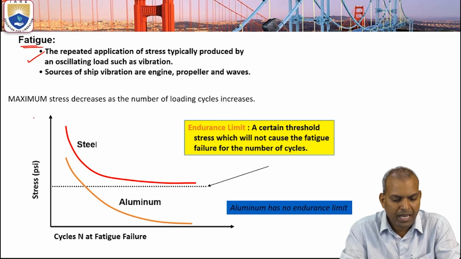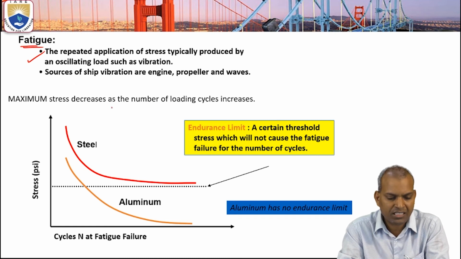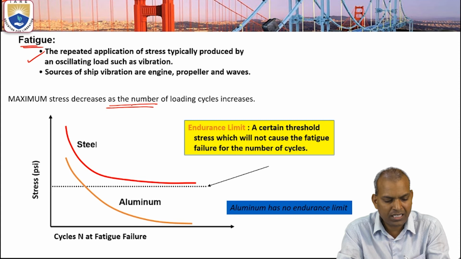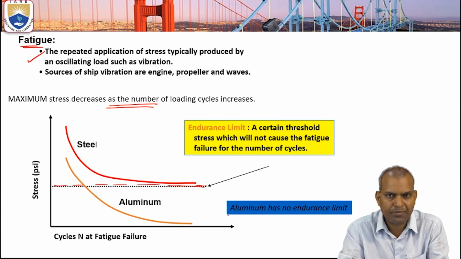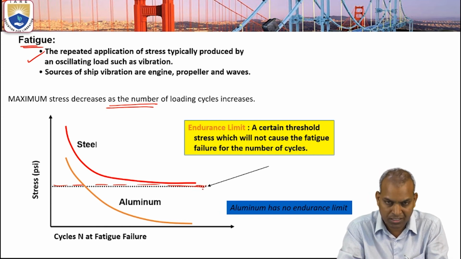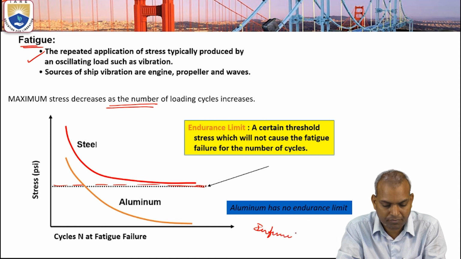Next, maximum stress decreases as the number of loading cycles increases. So when the loading cycles are increasing, there is a limit. This limit is known as the endurance limit. If the material is operating under stresses less than this endurance limit, the material has infinite life.